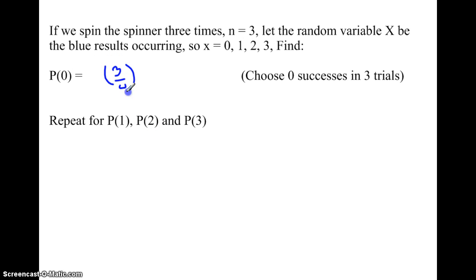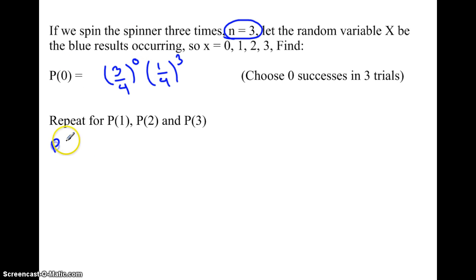I do not want any blues to occur in this first possible outcome. So I want 0 blues, and that means I want my failure, which is 1/4, to happen all 3 times that I spin the spinner. Since I'm spinning it 3 times, I want 3 of them to be a failure and none of them to be a success. That would be the probability of 0 blues.